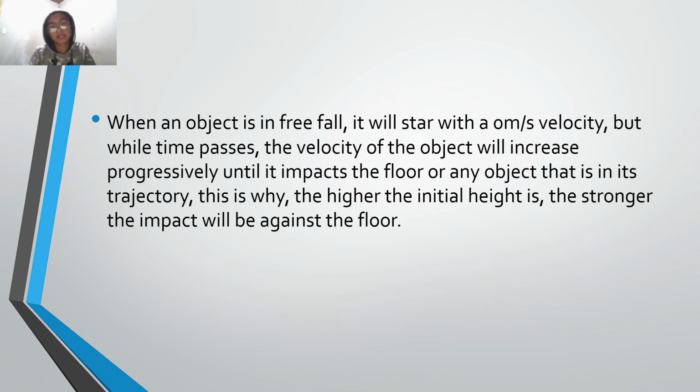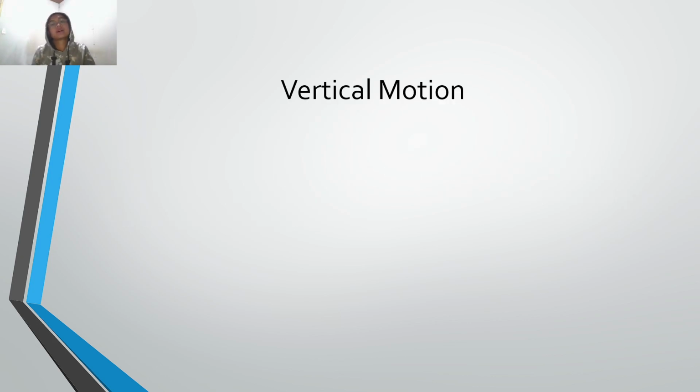Okay, so if naklaro ninyo, let's proceed sa vertical motion. So vertical motion. Vertical. Pataas. So kung vertical motion ay pataas, of course, tungod sa gravity, manaog pud siya. So for example, di ba?